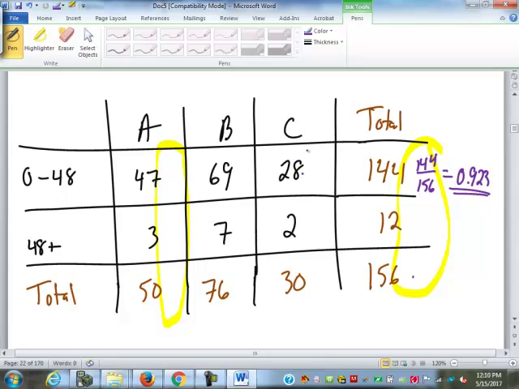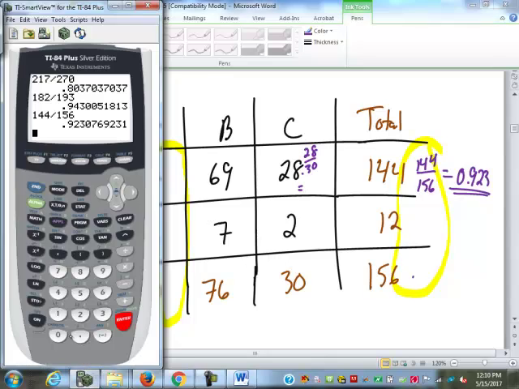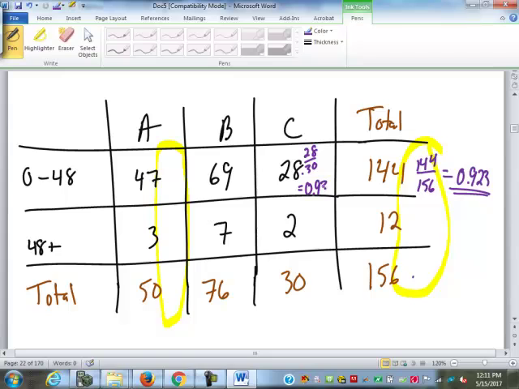So here it was 28 over 30. Should be 0.933, but we'll divide it out here just to be safe. 0.933. That's pretty close to our overall district average there. Here we had 69 out of 76. That might seem a little low.